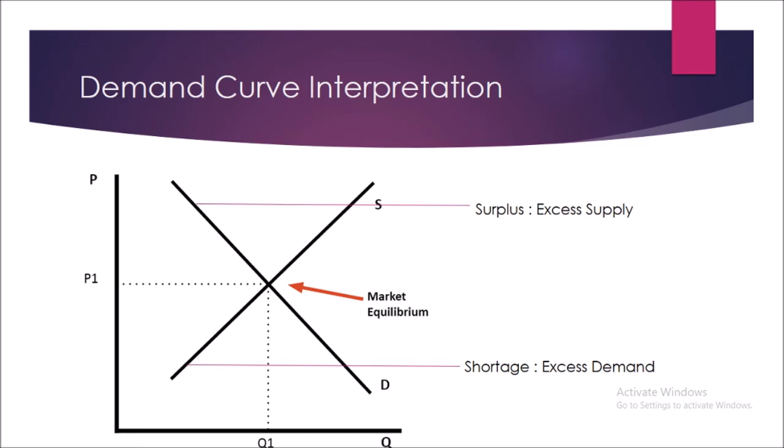But in this case, you can see there's a huge supply, right? There's excess supply. At this point, let's say the supplier supplies a quantity of 30, right? 10, 20, 30, right?